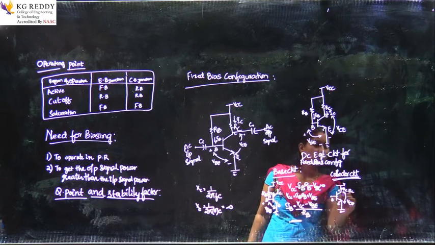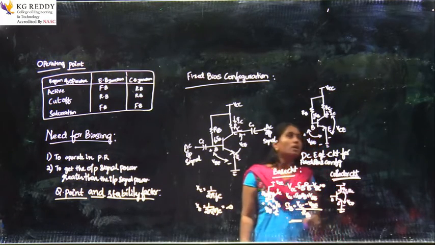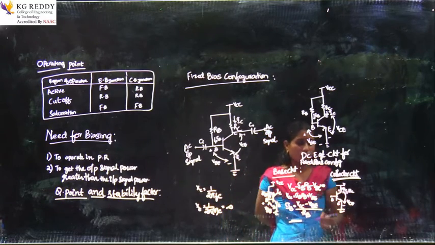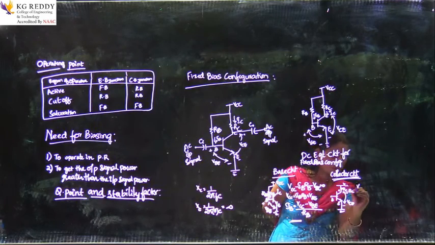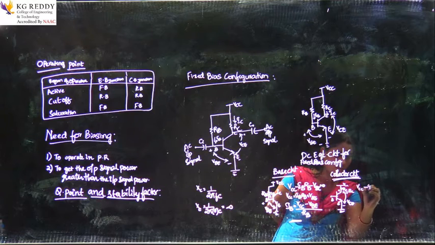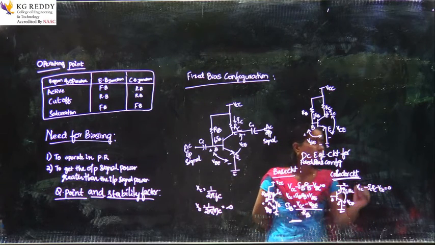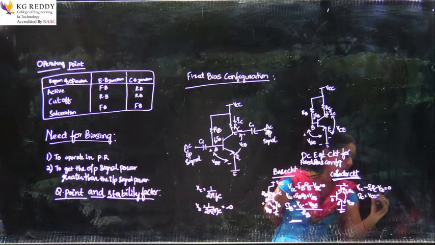Now, by applying KVL to the collector circuit, what would you be getting? This one is VCC. VCC minus IC RC minus VCE equals 0. Now, I will be getting IC equals VCC minus VCE by RC.